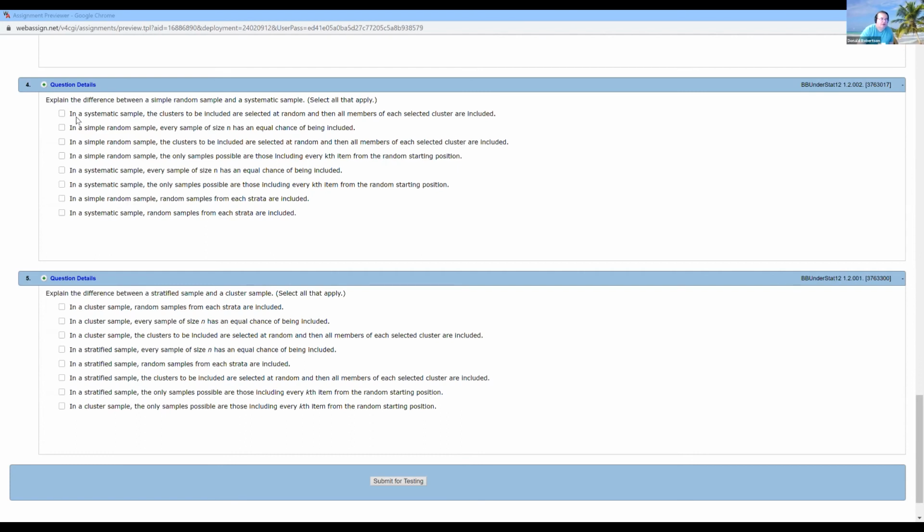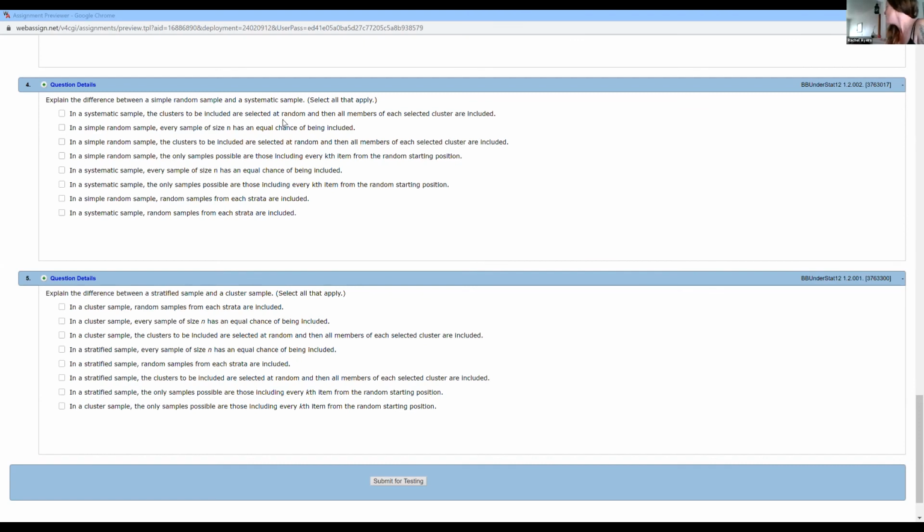In a systematic sample, the clusters can be included or selected at random, and then all members of each cluster included. Now this uses the word cluster twice. It ain't systematic. Cluster was never mentioned in that.